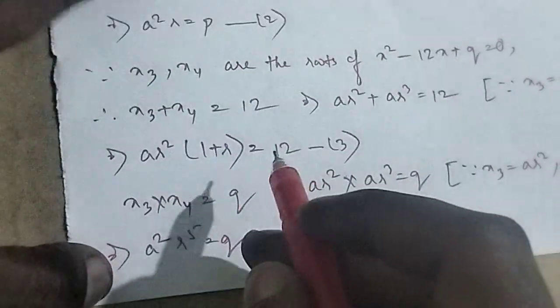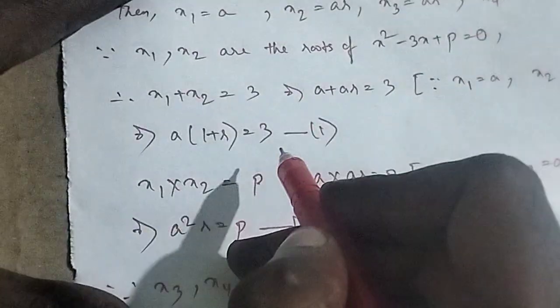AR square into 1 plus R. Divided by A into 1 plus R is equal to, this was 12, this was 3, so 12 by 3. 1 plus R will cancel each other, A will cancel each other.